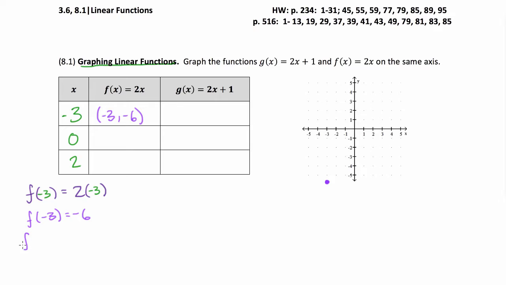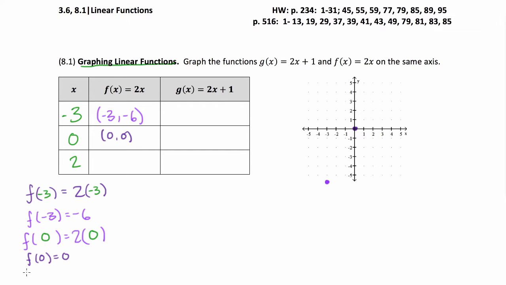And now I have f of my next input, and the function does the same thing. So now my input is 0. I plug in that 0, and I get f of 0 equals 0. So that gives me an ordered pair 0, 0. I can graph that.